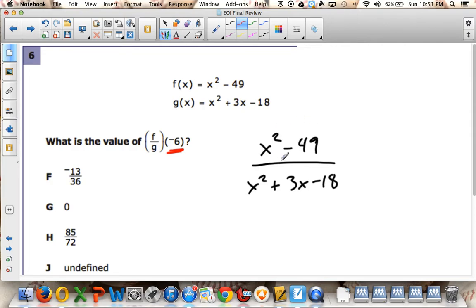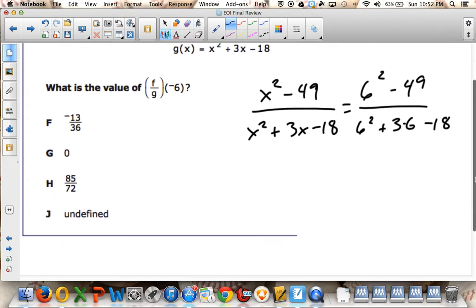It doesn't tell me anything about factoring this difference of squares, factoring this trinomial. It doesn't say anything about this. This basically says take that negative 6 and plug it in for x. So that's what we're going to do. So right here, I'm going to have negative 6 squared minus 49 over negative 6 squared plus 3 times negative 6 minus 18.